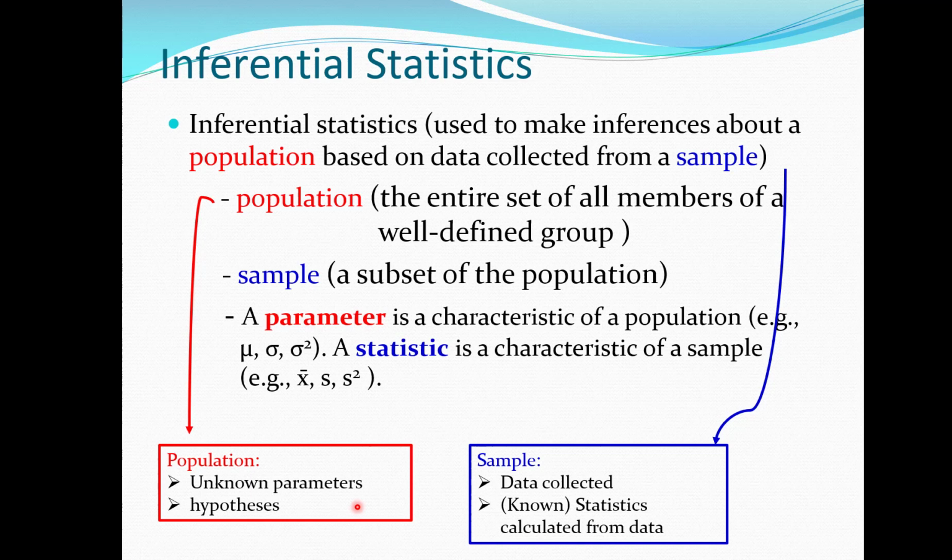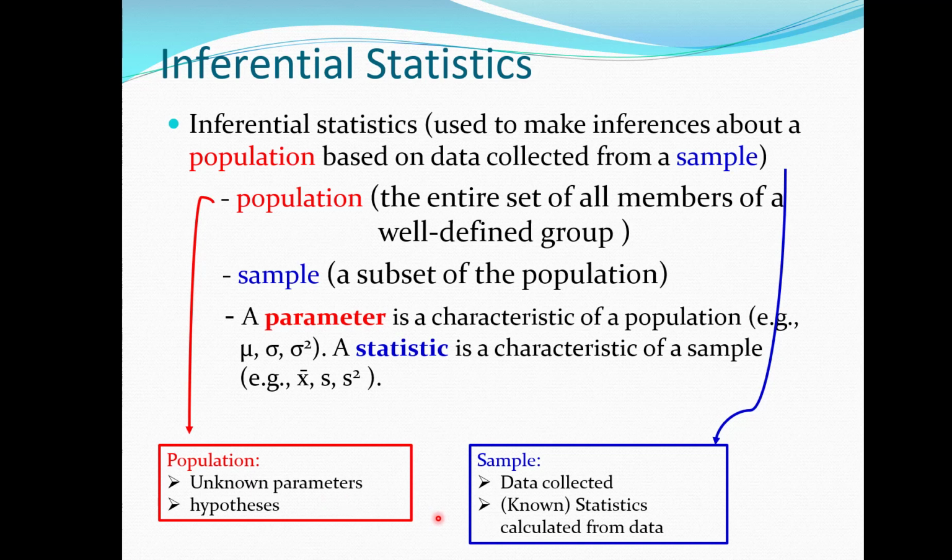So if these parameters are unknown, we can only have hypotheses about these parameters. But a sample is different. You can collect data from it and then you can calculate statistics from it, and use these known statistics from the data to make inferences about those unknown parameters.